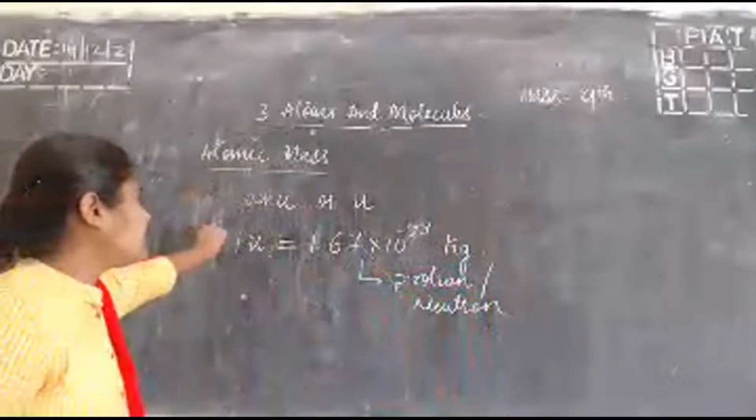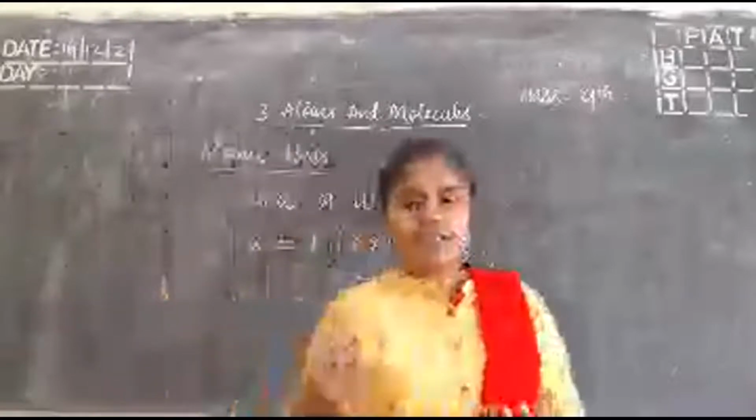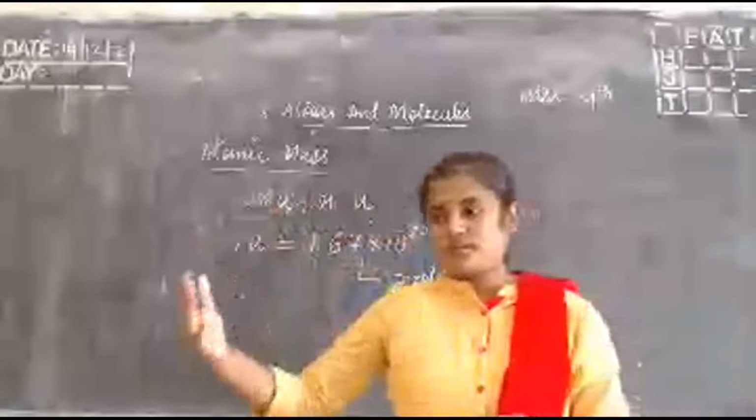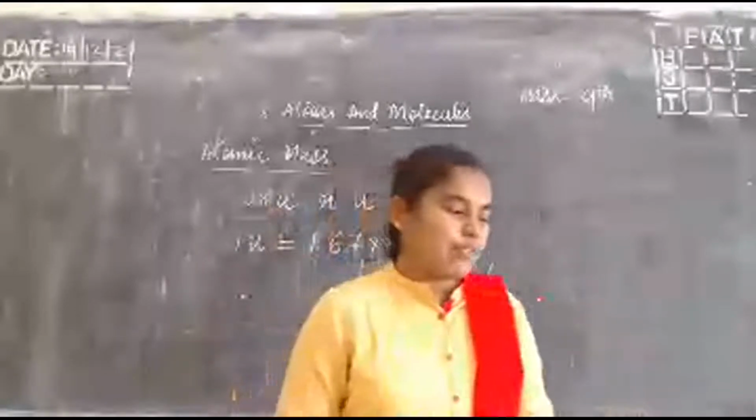What happened is, when they went on calculating the atomic mass of each element in the periodic table, they took line by line, like hydrogen, then helium.